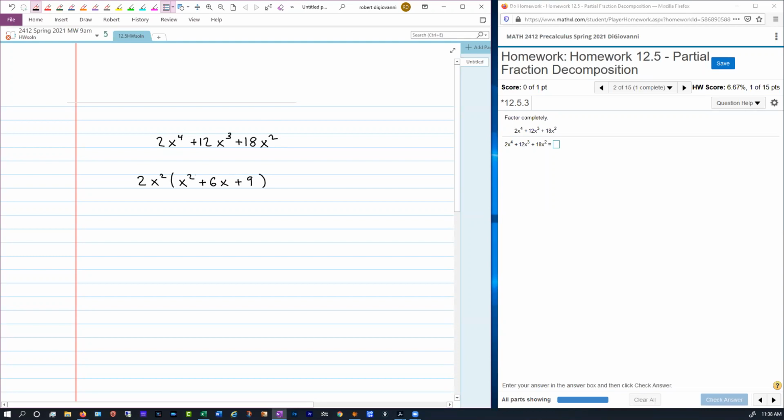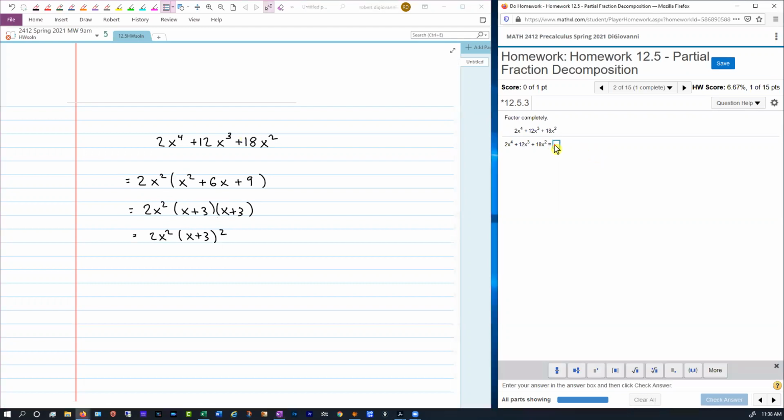So this is a trinomial here. This would factor to be x plus 3 times x plus 3 again. So this becomes 2x squared times x plus 3 squared.